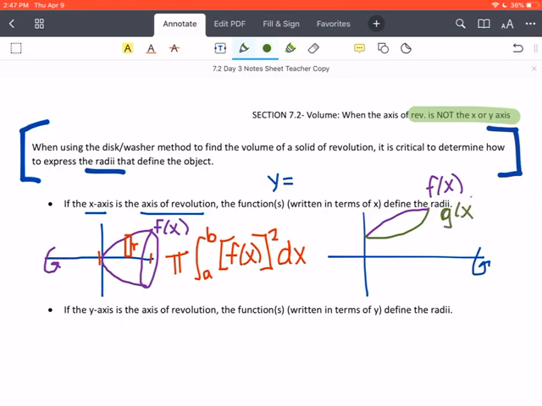Okay, but we are still going to be rotating around that x-axis. So if we do somewhat of a mirror image, you guys are better at this than I am, that's going to define the revolution. But before we write our integral, we have to think of big R and little r.